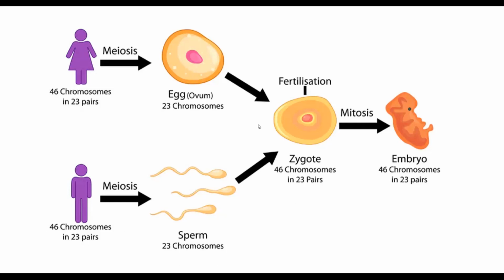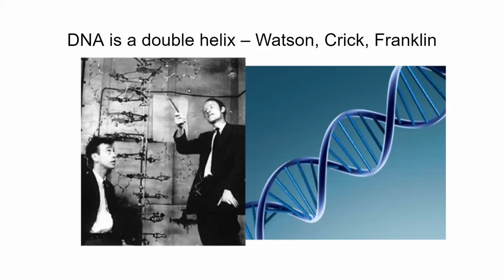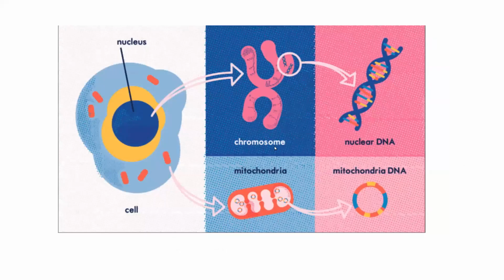He contributes, they combine and produce the 46 in the child. This is a cell. In the cell, you have the chromosomes with the nuclear DNA. You also have mitochondria in each cell, and those have some value in DNA analysis. We'll talk briefly about that.